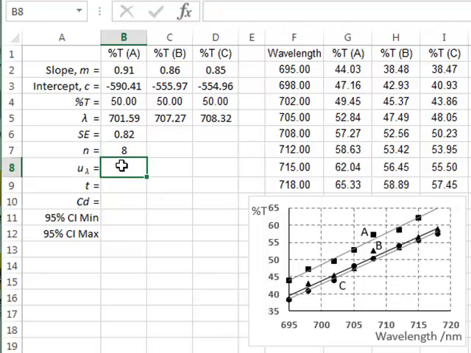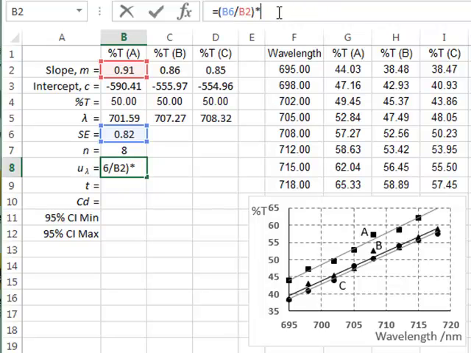And now we have to calculate the standard uncertainty, and for that we will enter the equation in the formula bar, and that will be equal to the standard error of regression, which is the uncertainty in the Y direction, but we will divide by the slope to make this the uncertainty in the X direction.